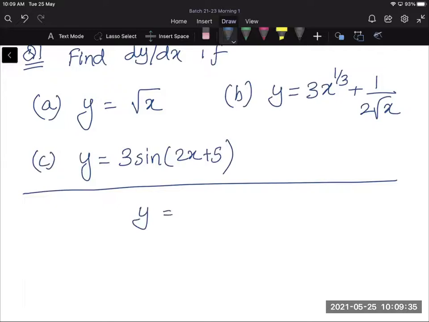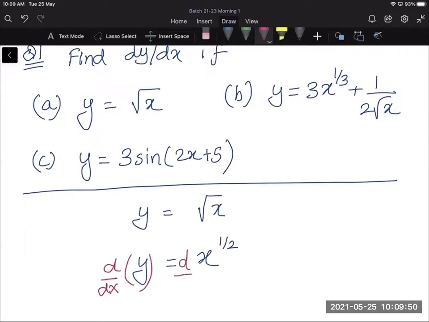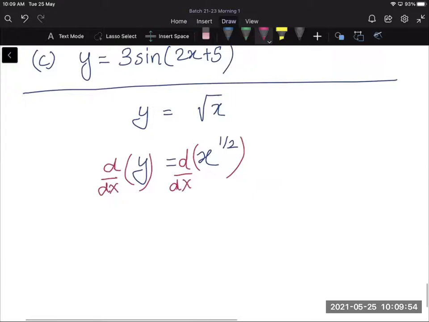y is equal to root x का मतलब ये हुआ y is equal to x raised to the power half, and then I will apply d by dx on both sides.